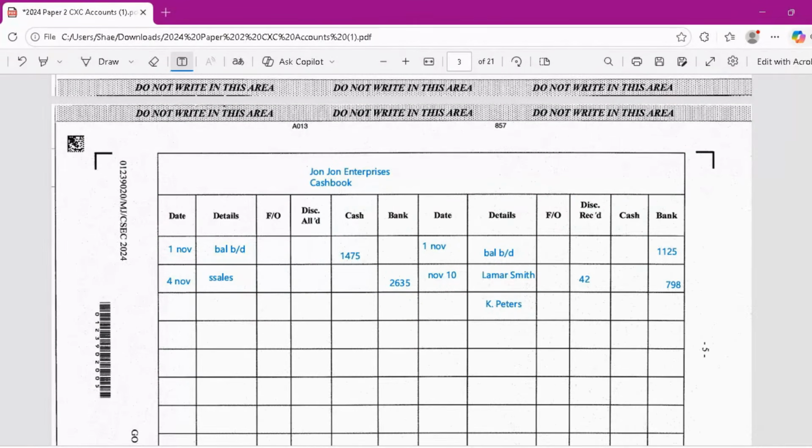So we're going to find 5% of 920, which is $46. And then the rest would have been how much we paid out of the bank account, which is $874.